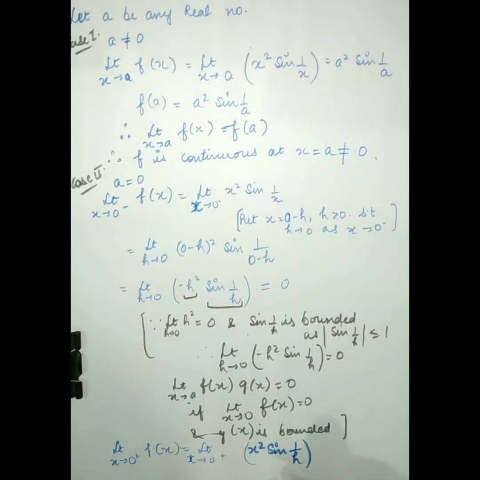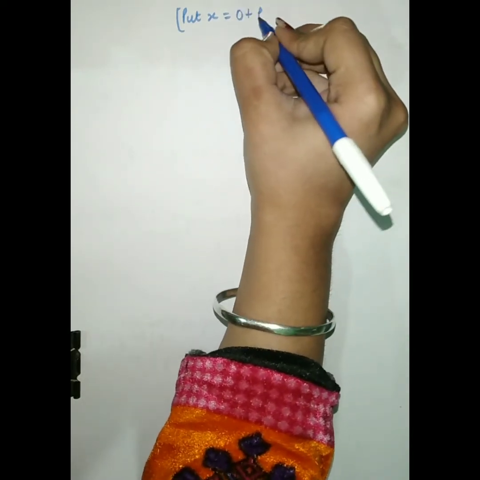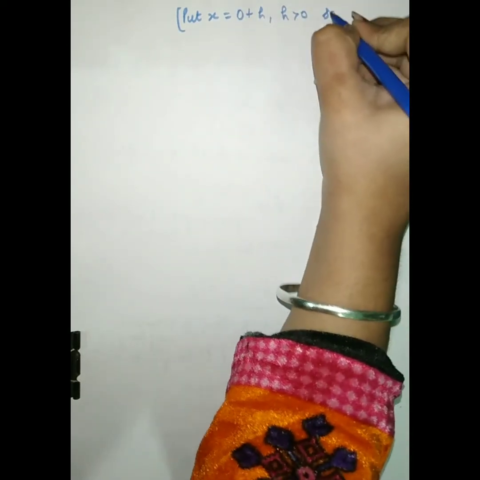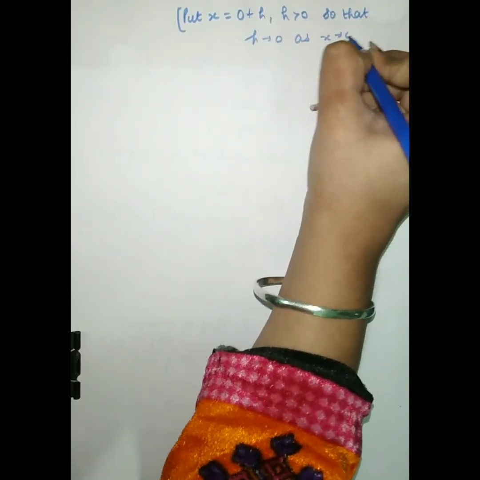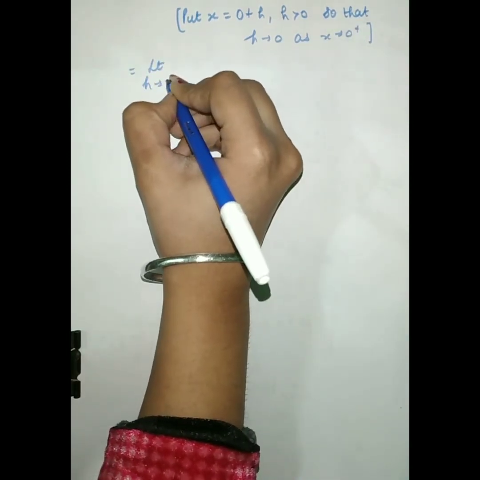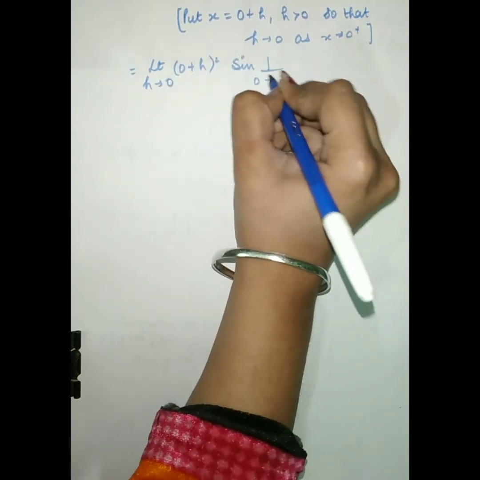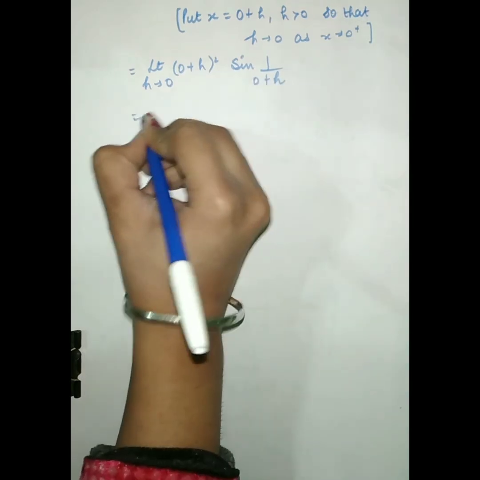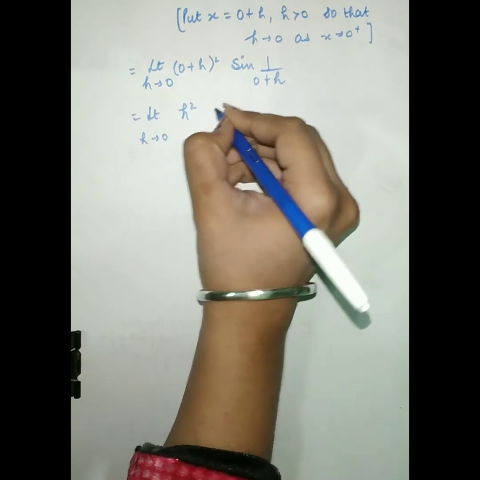Now we put x equal to 0 plus h, where h is greater than 0, so that h approaches 0 as x approaches 0 positive. So it becomes limit h approaches 0 of 0 plus h whole square sine 1 upon 0 plus h. That means limit h approaches 0 of h square into sine 1 by h.